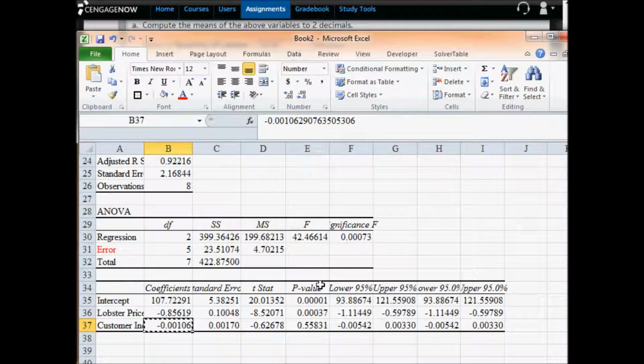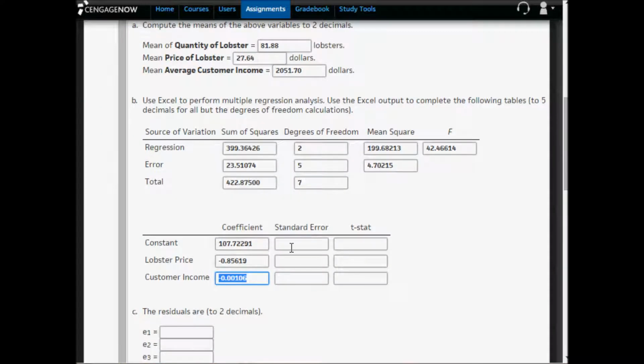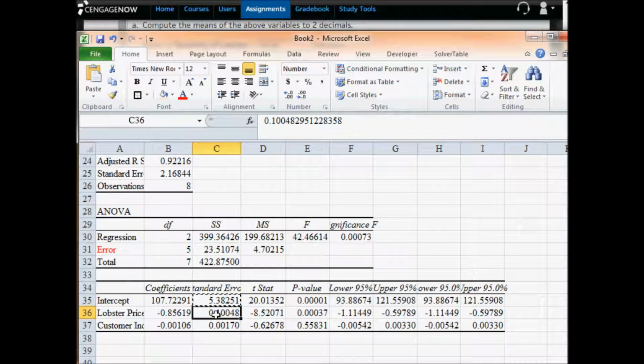Next, we want to get the standard errors. The standard error of the intercept is 5.38251. The standard error of lobster price's estimated coefficient is 0.10048.